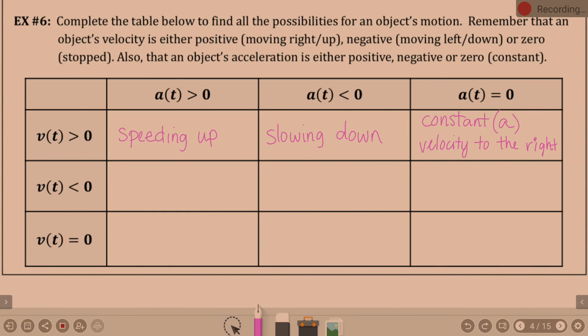Slowing down. Opposite signs again, right? Acceleration is negative, velocity is negative. Speeding up. Same sign, so we are speeding up. Velocity is negative, acceleration is 0. That means constant acceleration, and velocity is to the left.